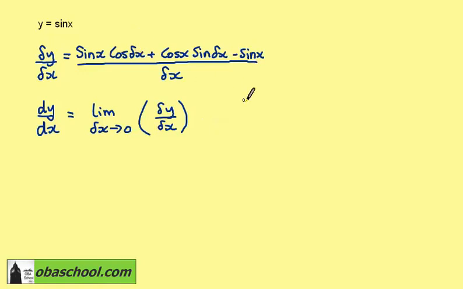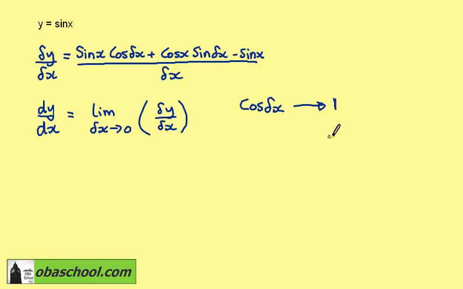If we consider the cosine of delta x, then if the calculator is in radian mode, as delta x tends to 0, the cosine of delta x tends to 1. Try it on your calculator. Put the calculator into radian mode and start typing in very small values of delta x. Take their cosine.